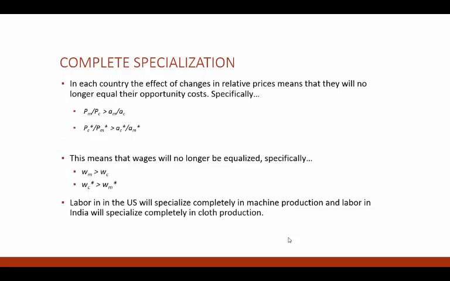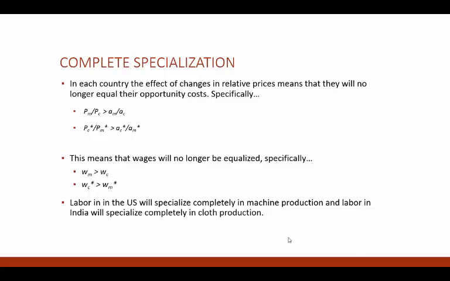So what are the implications of these changes? Well, since in each country trade brings about an inequality between relative prices and opportunity costs which have not changed, it means that wages across the two industries have changed in each country. Specifically, wages in machine production must be higher than wages in cloth production in the US, and wages in cloth production must be higher than wages in machine production in India.